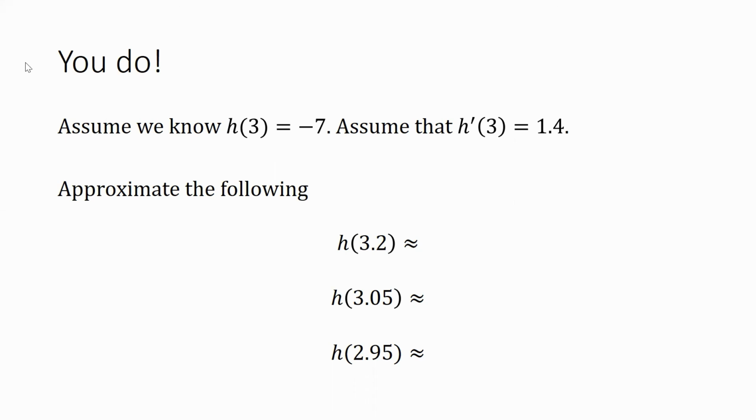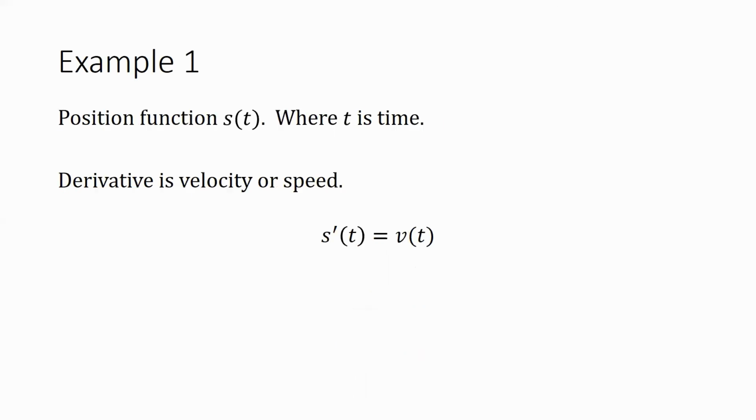So if you know where something's at and you know the speed, then you can approximate where it's going to be. Or take another example that we saw earlier. If I have a position function, the derivative is going to be a velocity function.